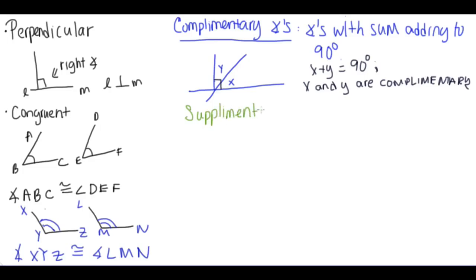Supplementary angles are angles whose sum adds to 180 degrees.